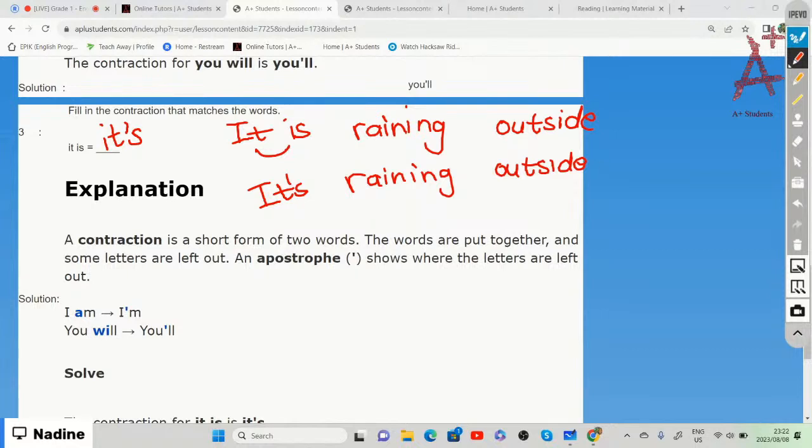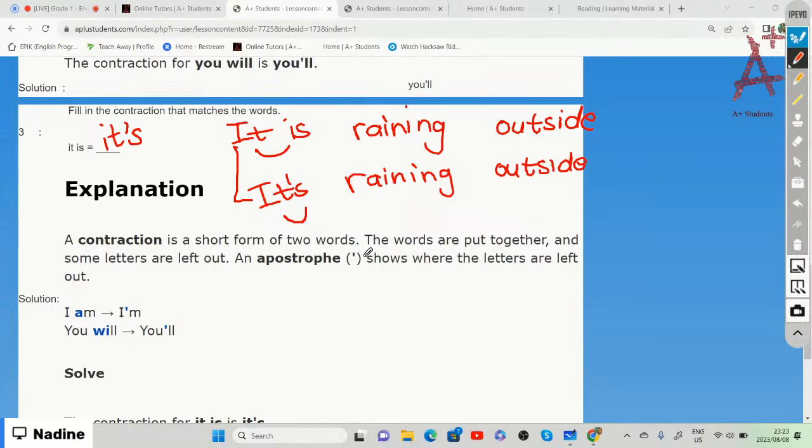And that is the contraction, or a short form, of the two words it is. So it's is the contraction or the short form of the two words it is. So it is raining outside, or we can just say it's raining outside, right?